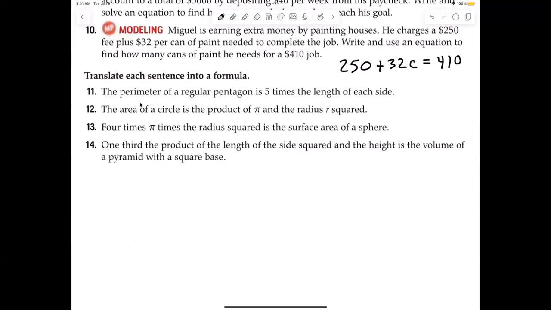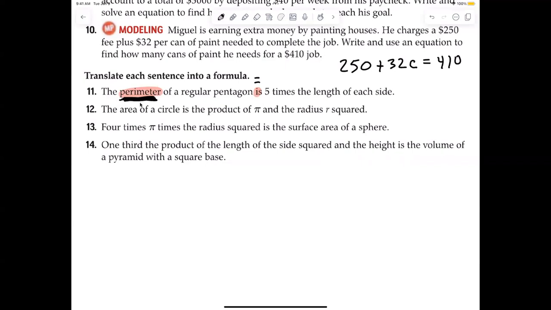All right, here we go. We're going to translate this. Leah, you're up, number 11. Okay, so how do I write that? Wait a minute, what are we starting with? I'm trying to help you. Yes, the perimeter is. "Is" in math means what? Equals. So that's what I'm trying to show you.